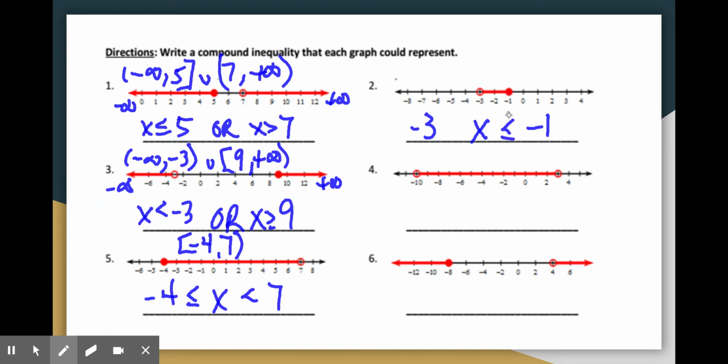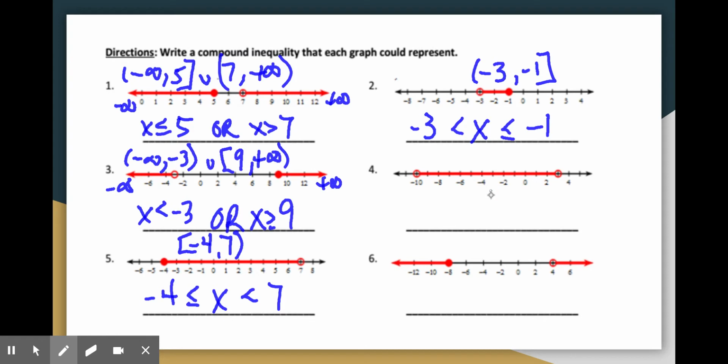Because it's a closed circle. Smaller than or equal to -1. The numbers are bigger than -3. They're greater than -3. So reading from this side back, x is bigger than -3. So in interval notation, you'll have parenthesis -3, comma, -1 with a bracket.